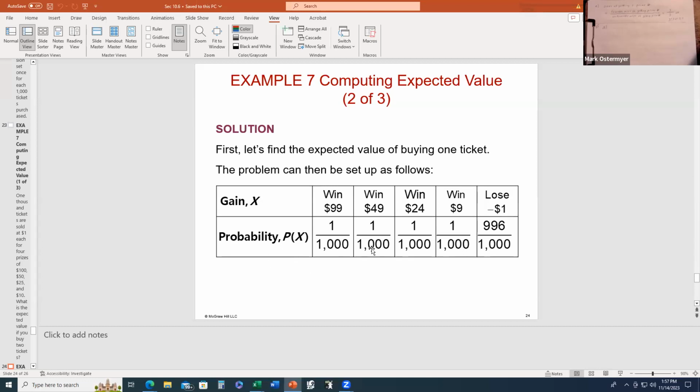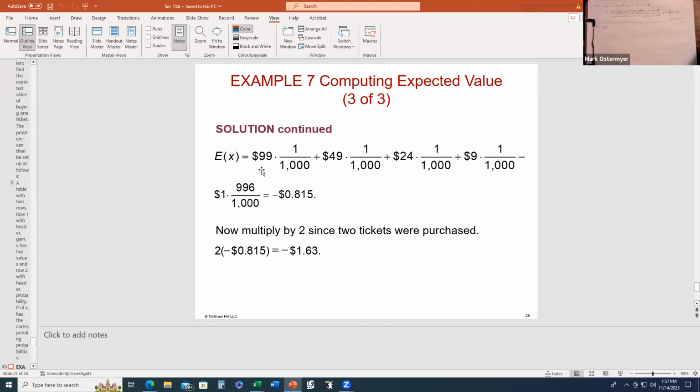We can now compute the expected net earnings of playing this game. All you have to do is take the net earnings, multiply by the probability of occurrence, and add all those products together. So: 99 times 1 over 1,000, plus 49 times 1 over 1,000, plus 24 times 1 over 1,000, plus 9 times 1 over 1,000, minus $1 times 996 over 1,000. If we play this game one time, our expected net earnings would be to lose about 82 cents.